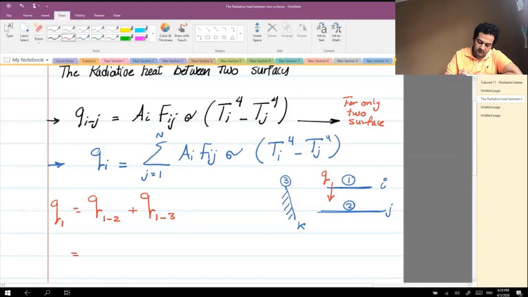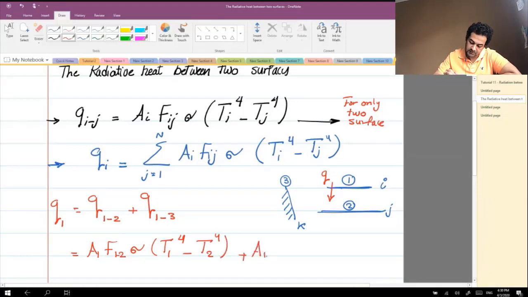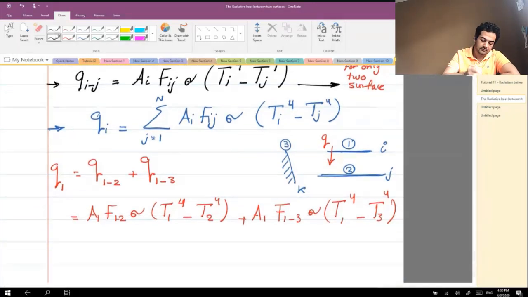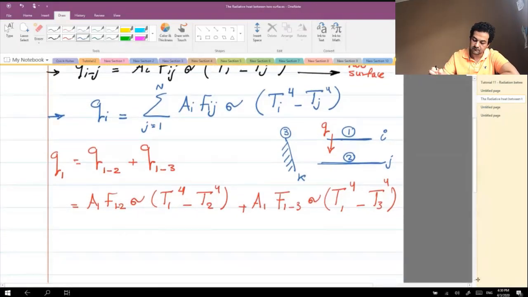The Q from 1 to 2 is basically A1 F12, the view factor between 1 and 2, sigma (T1 to the power 4 minus T2 to the power 4), plus A1 as well, F from 1 to 3, sigma (T1 to the power 4 minus T3 to the power 4), right? And the dilemma here is to get the view factors.